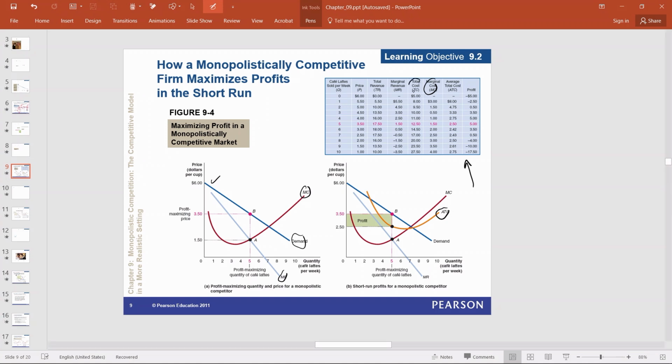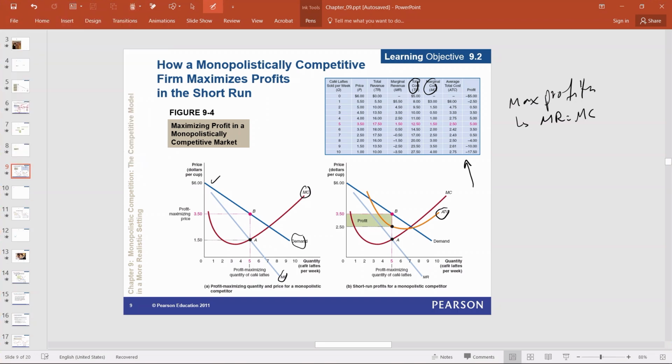And what we want to show in this slide is at what level of production this firm can maximize profits. And we know the condition of maximizing profit is when marginal revenue should equal marginal cost.